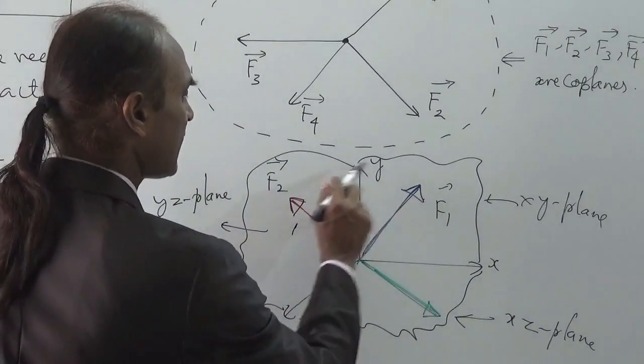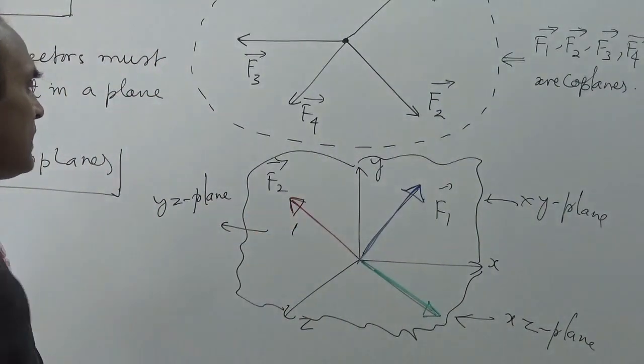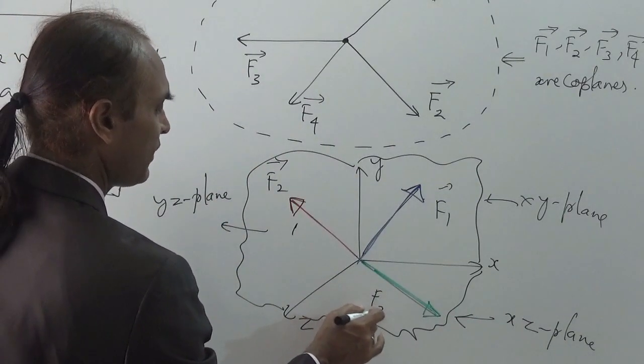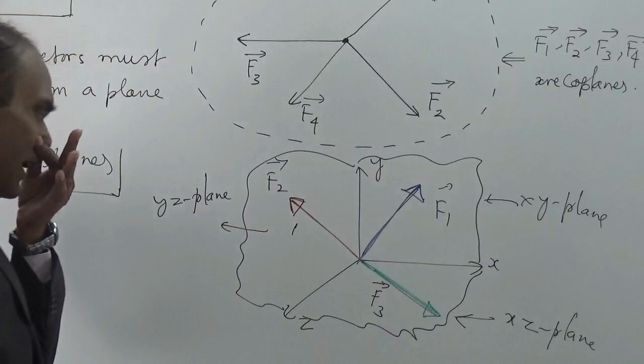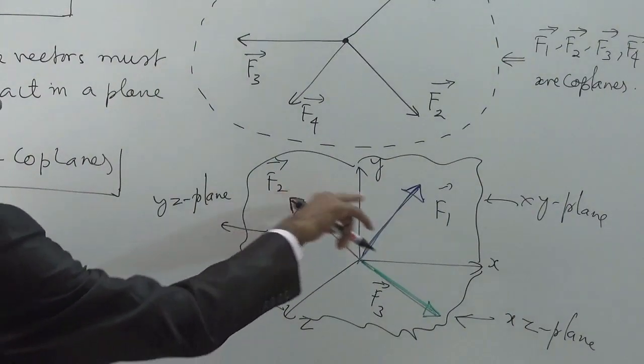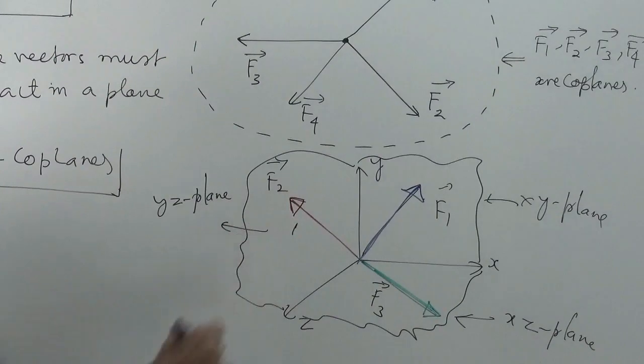Vector F1 is acting in the XY plane, vector F2 is acting in the YZ plane, and vector F3 in the XZ plane. Since the three vectors are acting in different planes, these vectors are known as non-coplanar vectors.